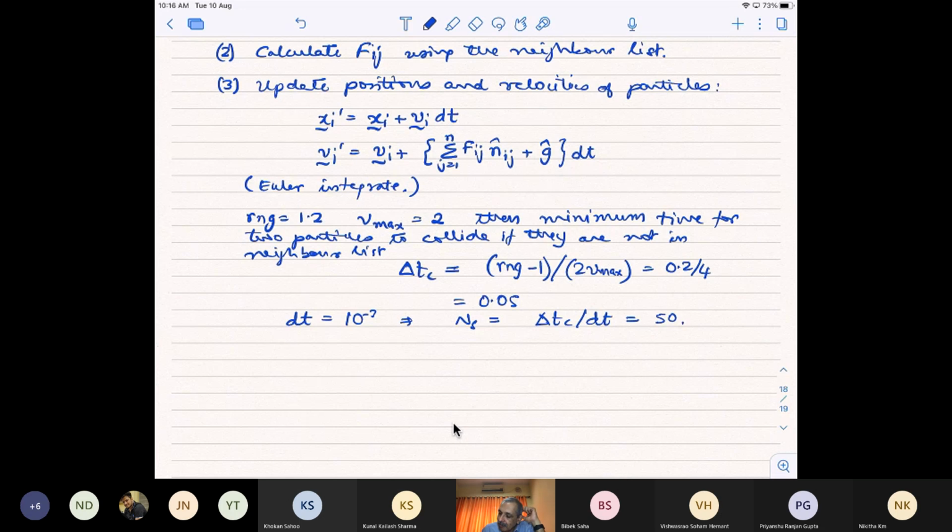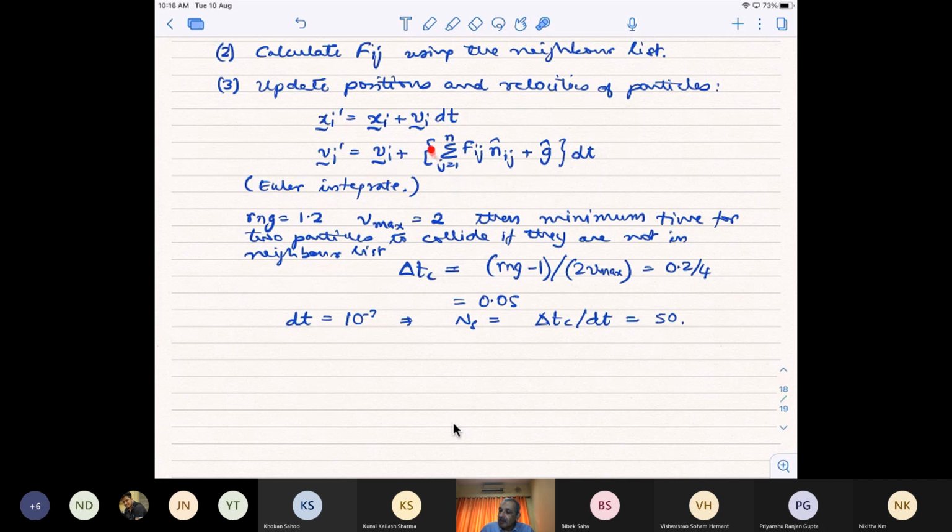There's some balancing, because if you make the range too big, let's say you make it 1.5, then you need to calculate the neighbor list after a longer time. But then the problem is that you'll have the number n over here, in this thing, n is the number of neighbors for a given particle, and that number becomes very large.